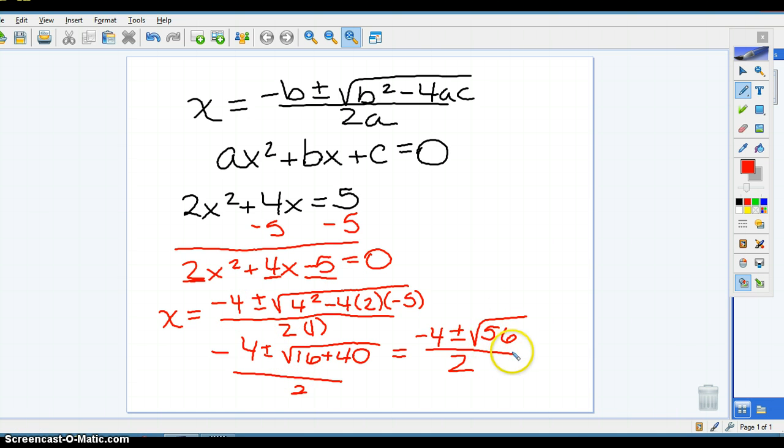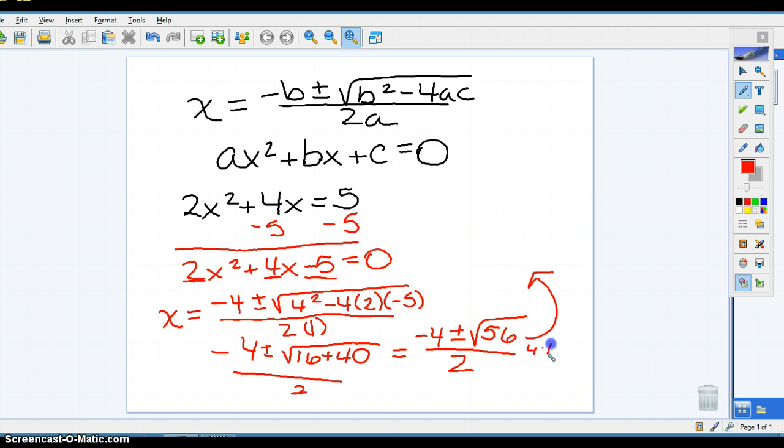Now you should check to see if 56 is in simplest form, or do we need to simplify the radical. 56 is divisible by 4. 4 and 14 will work.